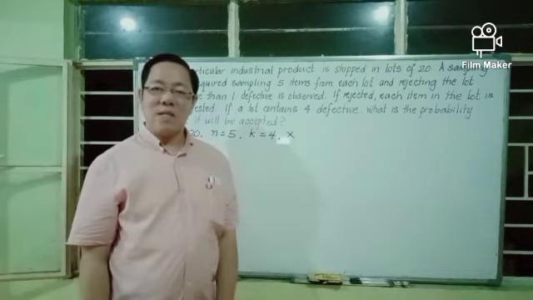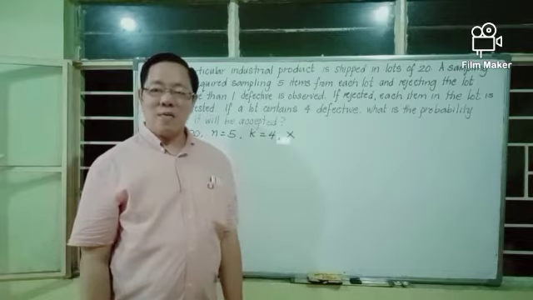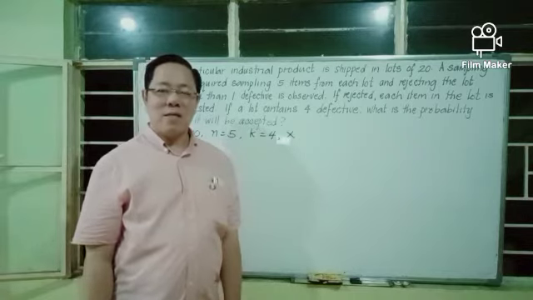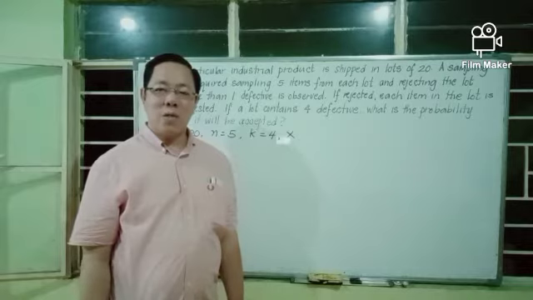The lot will be accepted if in the sample of 5 items selected from 20 items in the lot, the number of defective items tested is either 1 or 0.